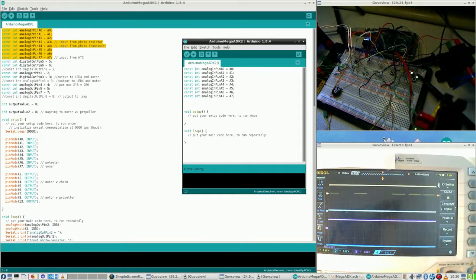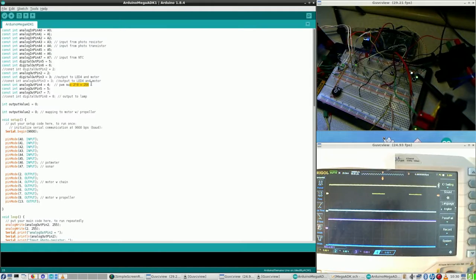Doing it digitally means that I just have high and low, on or off. Doing it analog means that I have 8 bits value, like I have said here. So 2 to the power 8 is 256.